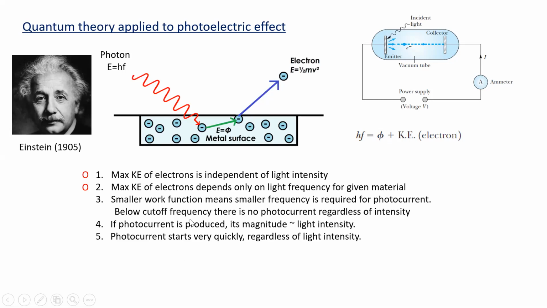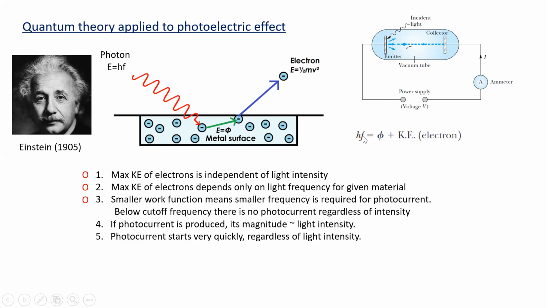And then below a cutoff frequency, there's no photocurrent regardless of intensity. That's true too. The kinetic energy of an electron has to be positive, since it's 1/2 mv squared, so the smallest this can be is 0. And if this is 0, then we can solve for the frequency necessary to just barely give 0 kinetic energy, essentially, which is the end of the photocurrent.